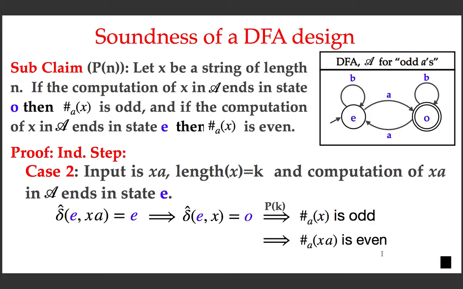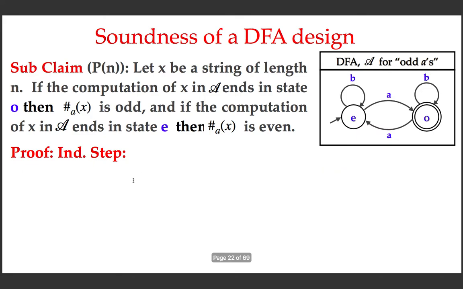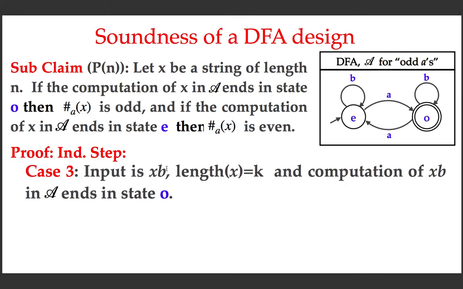Now the remaining two cases, when you get a string of length k plus 1 by taking b as the last symbol. The input symbol is b, so xb is the input, where x is a string of length k.